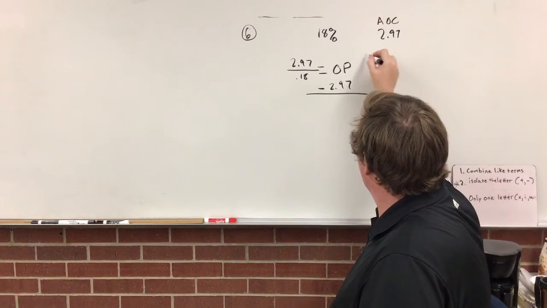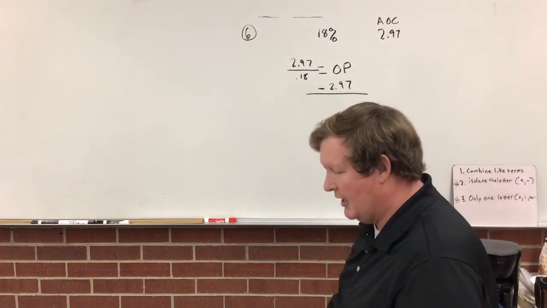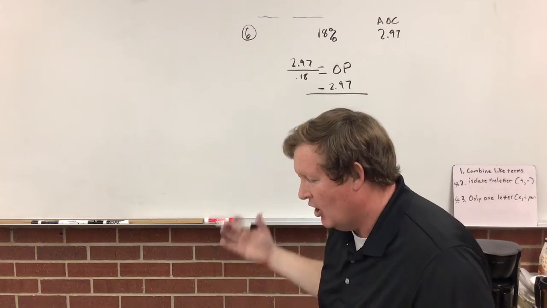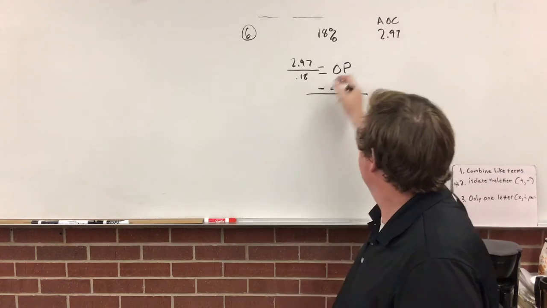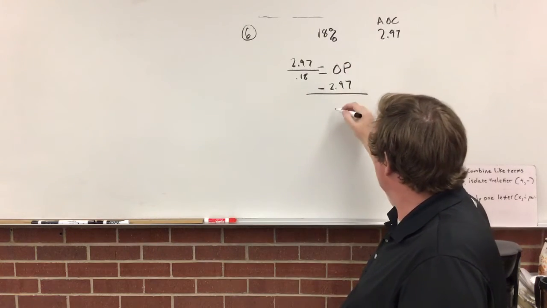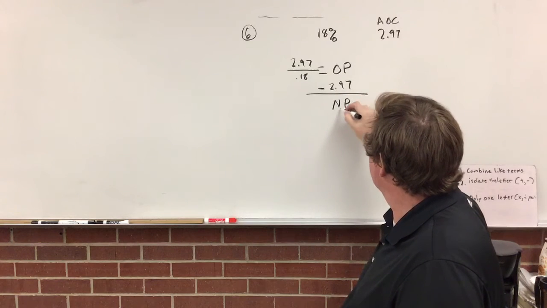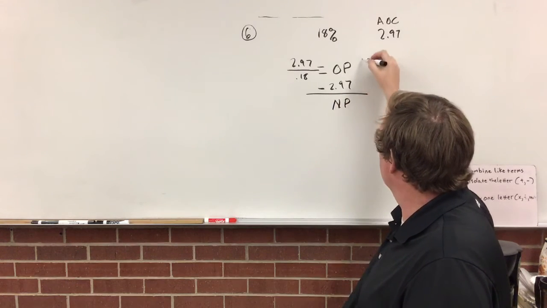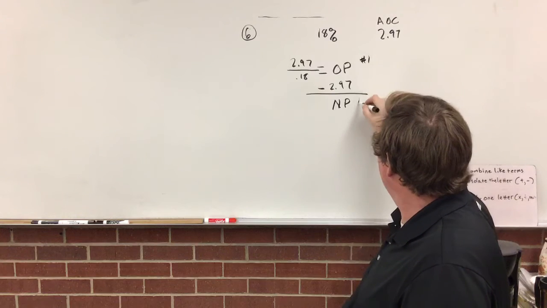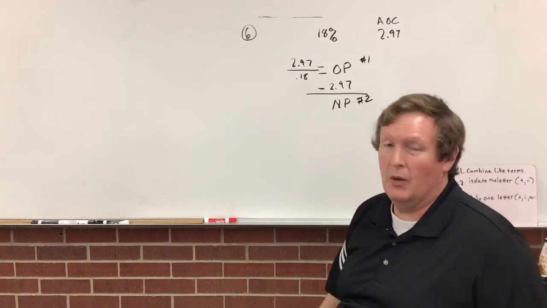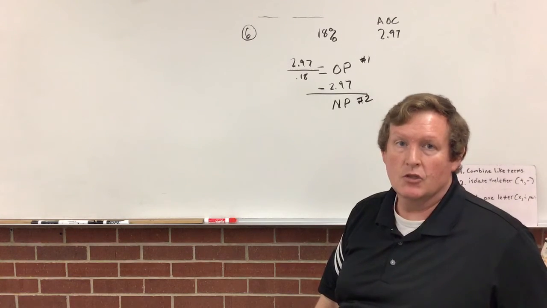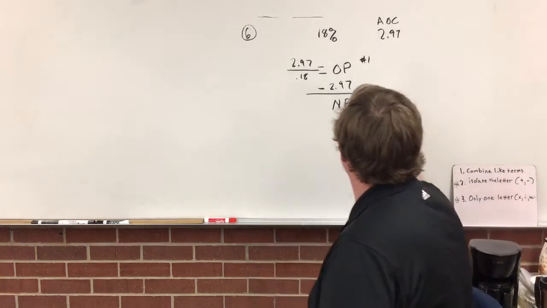In this answer, we want the old price and the new price, because that's what it wants to know. It says, what's the original price? That's what this is. And then what's the new price? That's what we get when we subtract those. So there's answer number 1. Here's answer number 2. 2 answers for number 6. Circle both of them. Okay.